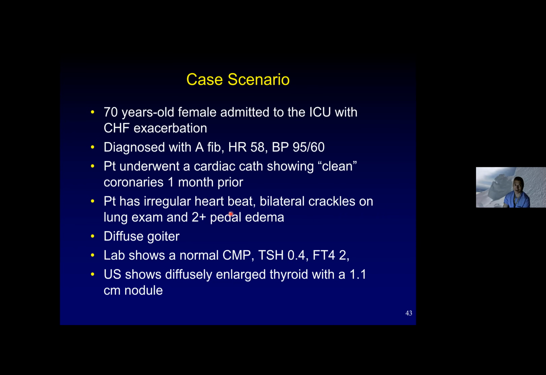T4, that has a shorter half-life, did go up already. So you will see a T4 that is high and the TSH change is lagging behind. And then the ultrasound showed a diffusely enlarged thyroid with a 1.1 centimeter nodule. So this nodule, as I was mentioning before, is actually fairly common in older individuals, especially those with goiter.